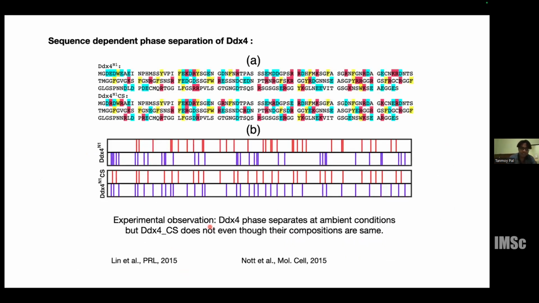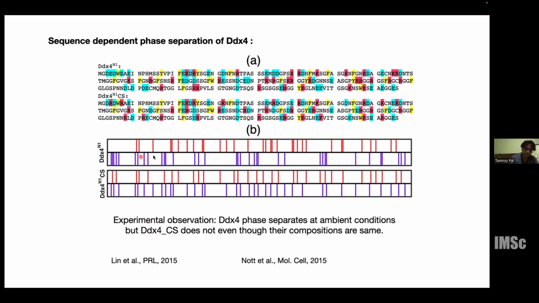One of the first pieces of evidence to show that the sequence, not only the composition, of an IDP is important for phase separation was the experiment done on the DDX4 protein by the group of Julie Forman-Kay from our university, actually. They showed that the wild type variant of DDX4 phase separates in ambient conditions, but a charge scramble variant of the same protein, where they just rearrange the positive and negative charges shown in red and blue, doesn't phase separate.